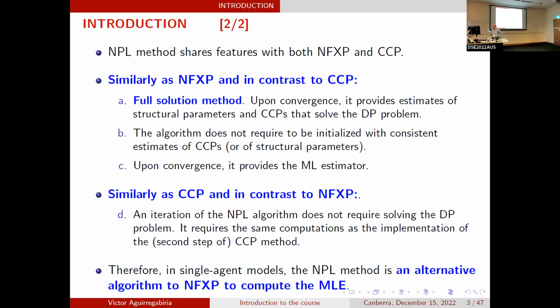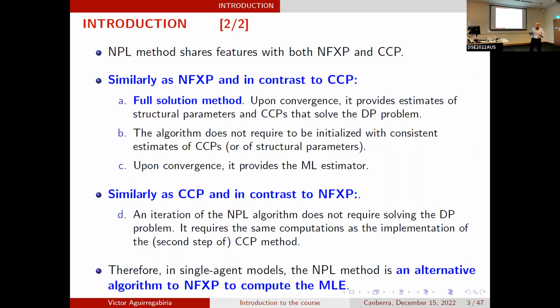Then the nested pseudo likelihood method builds clearly and strongly on both the nested fixed point and the two-step CCP method. As you will see, it shares features with both of them, okay? Similarly to the nested fixed point algorithm, and in contrast to the CCP method, it is a full solution method.